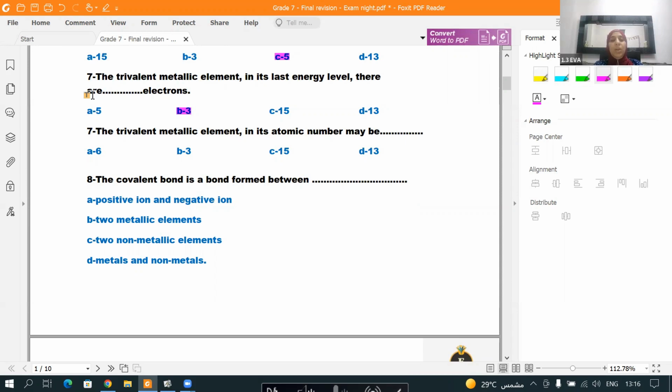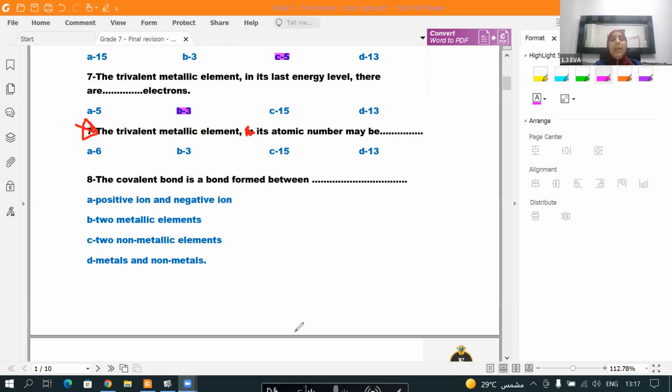The trivalent metallic element, its atomic number may be. Its atomic number may be 6.